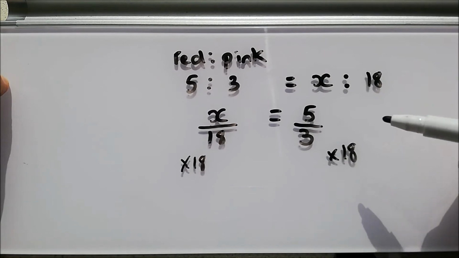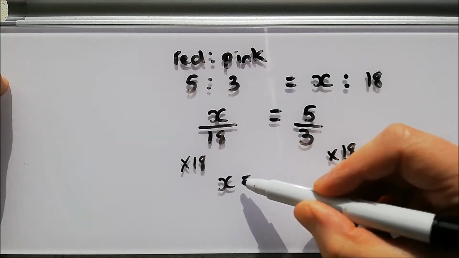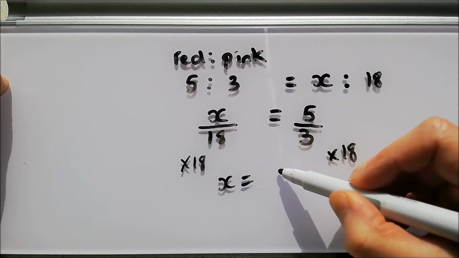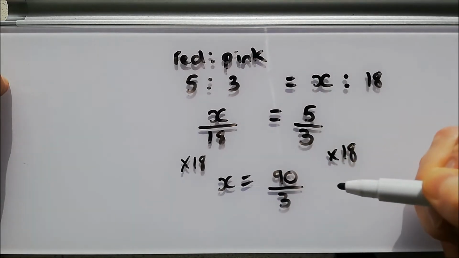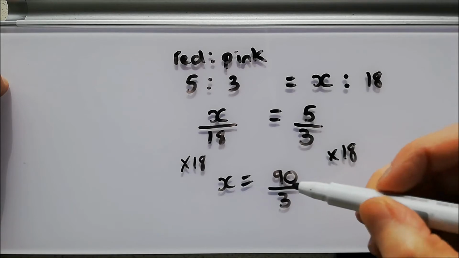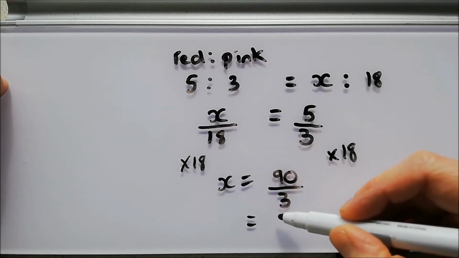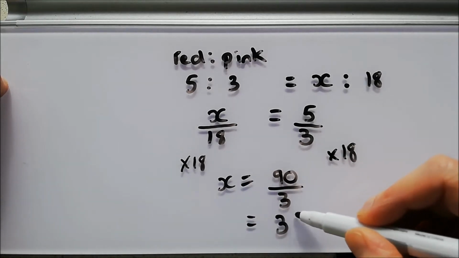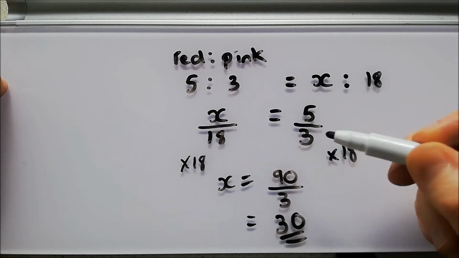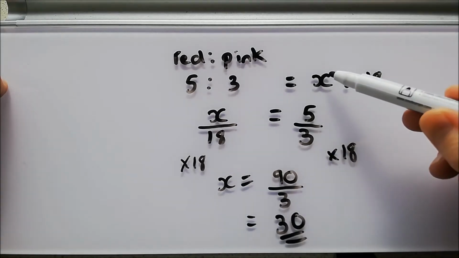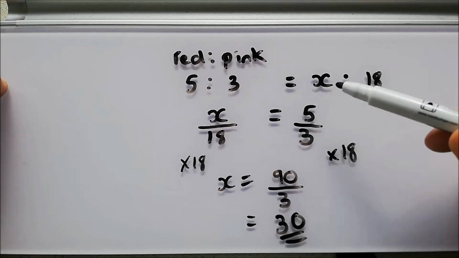So we'd then have x equals 90 over 3, which would give us the same 30 red roses that we had before. So the answer doesn't change, but the way that we get our answer is slightly different.